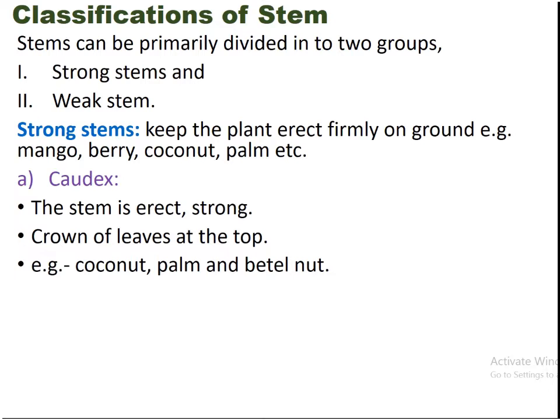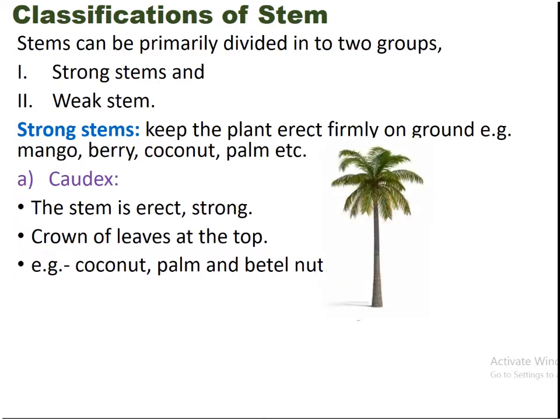And interestingly, they have crown shaped leaves at their top, such as the coconut, palm, and betel nut. See here, in the coconut tree, the leaves only grow at the top, and it looks like a crown. There are no leaves or branches from this region of the stem. So this type of strong stem is called the caudex.